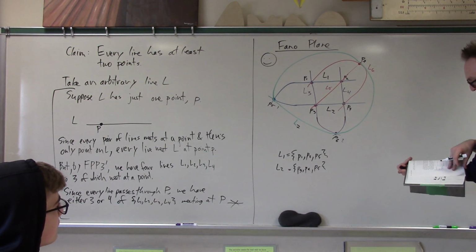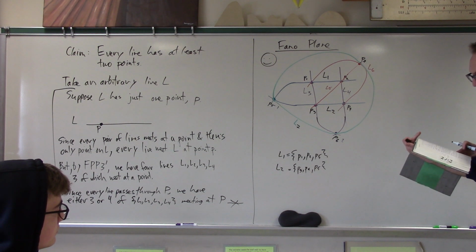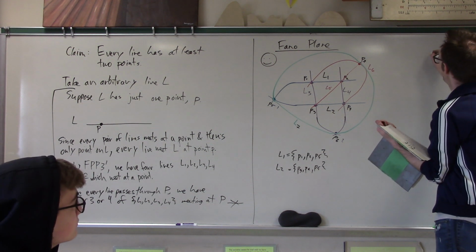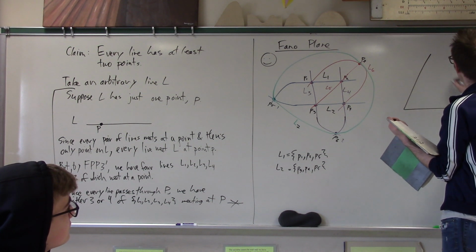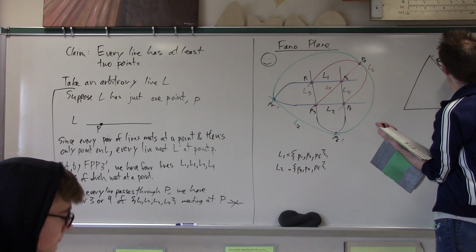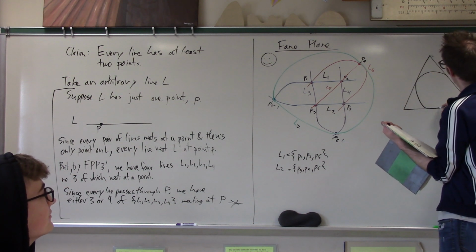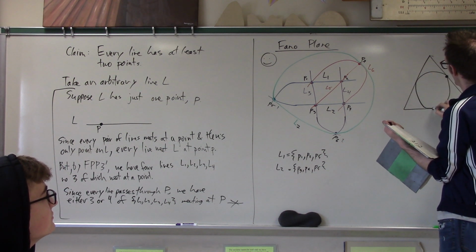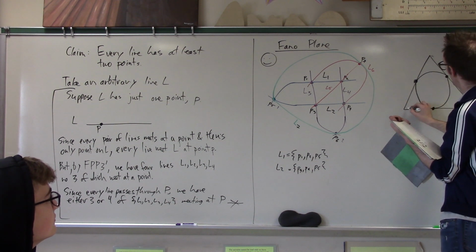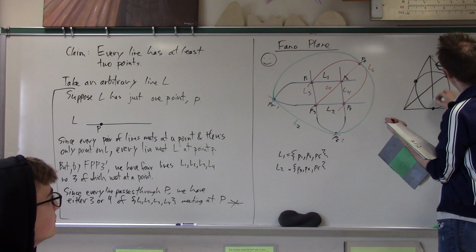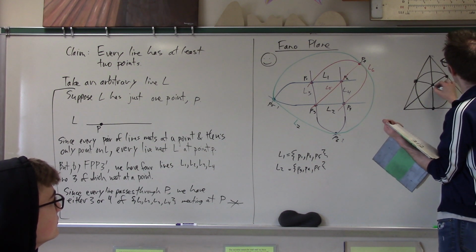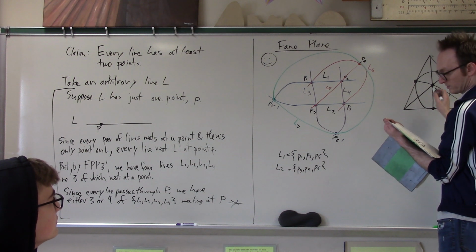If you turn to page 430, you will see that you can depict the Fano plane in a triangle, and then there's a circle. Shoot. That's the worst circle I've ever drawn inside a triangle. And then you got this, this, this.